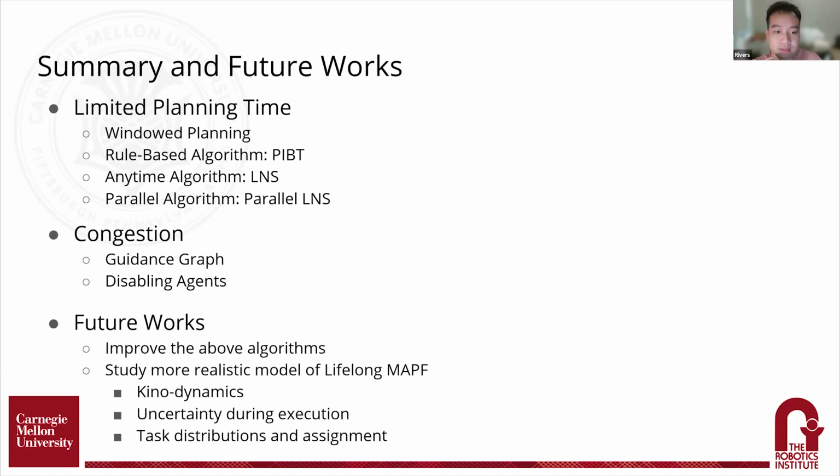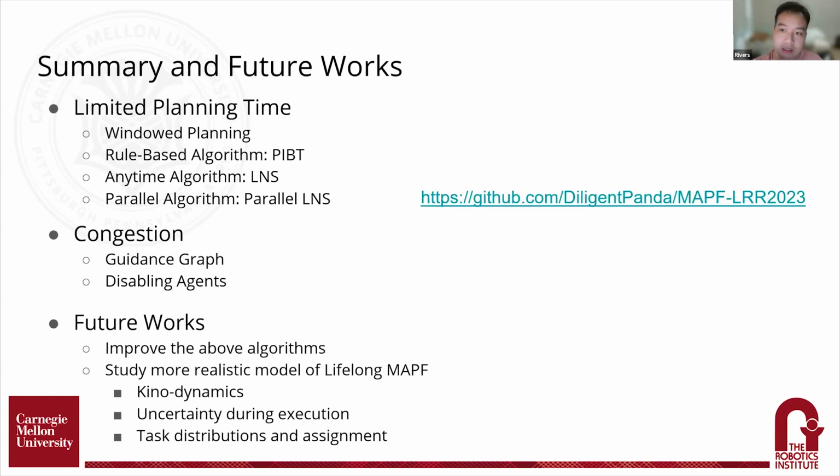Another thing we want to argue is that we could study more realistic models, because in this competition, the task assignment is largely simplified. We also organized our code a little bit, but it's basically the same as the one made publicly available by the organizers. Finally, is the question and answer section.